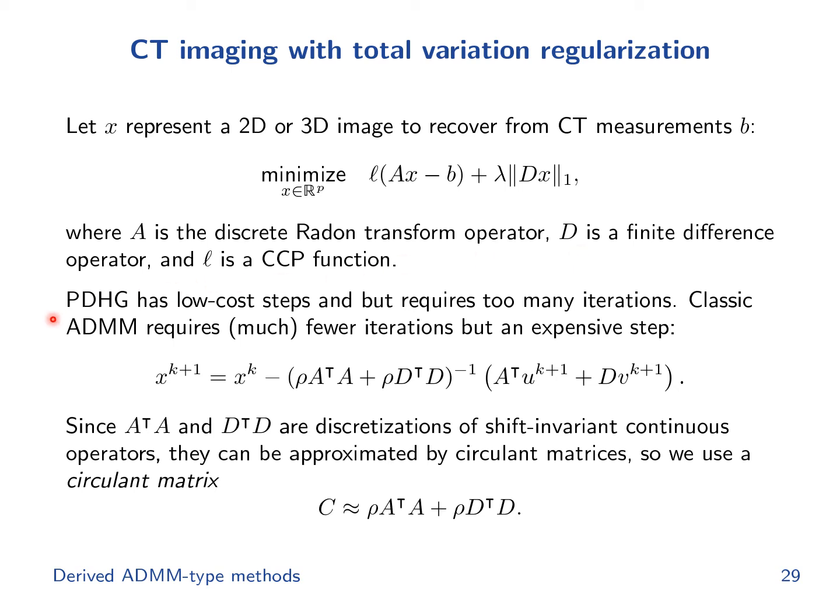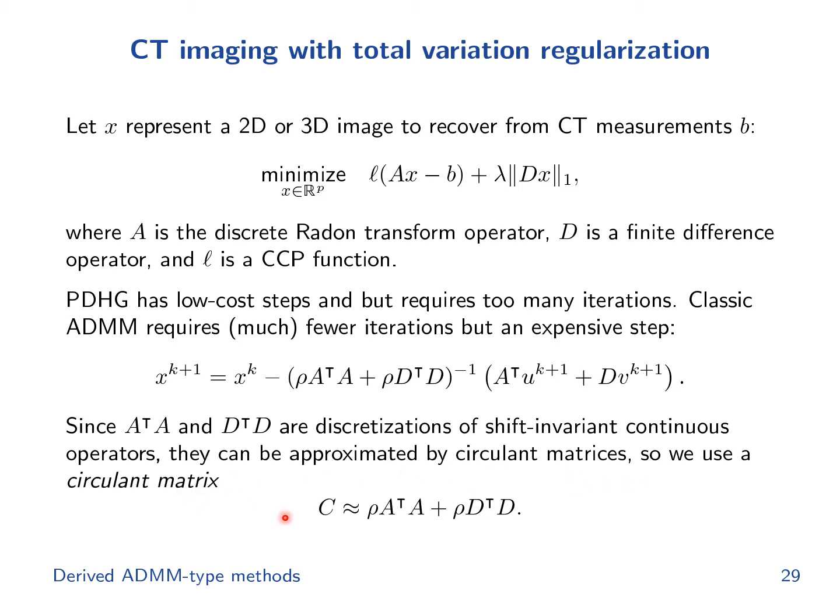We can apply PDHG to this formulation. However, it has too many iterations, although every step is cheap. Classic ADMM requires much fewer iterations than PDHG. However, it has a very expensive step because we have to invert this matrix. Now, since A transpose A and D transpose D are discretizations of shift invariant continuous operators, they can be well approximated by circular matrices.